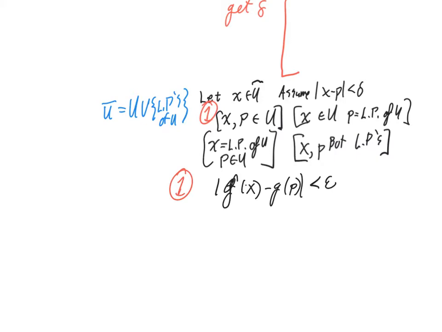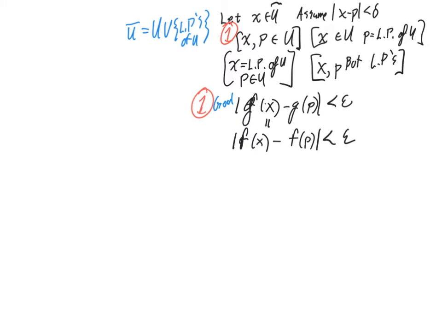There's my goal. Now wait, in this case 1, x and p are both in U. So my real goal, g of x is the same as f of x, is the absolute value of f of x minus f of p is less than epsilon.